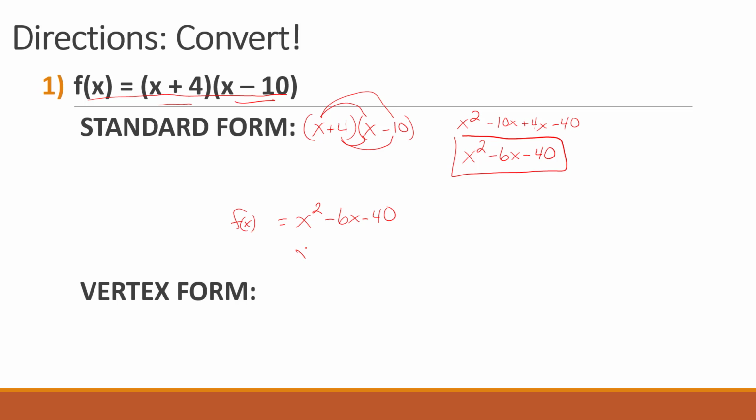It's similar in that I am going to create a perfect trinomial. So x squared minus 6x, leave a little bit of space for the trinomial, because our trinomial is going to go inside the parentheses, and then we're going to subtract the 40 from it. So far, I haven't really changed the problem. All I have done is put parentheses around this portion of my problem.